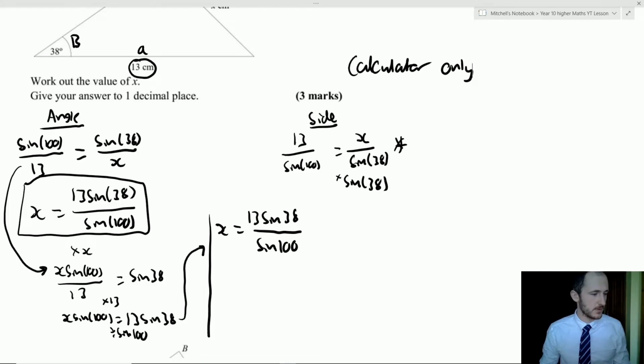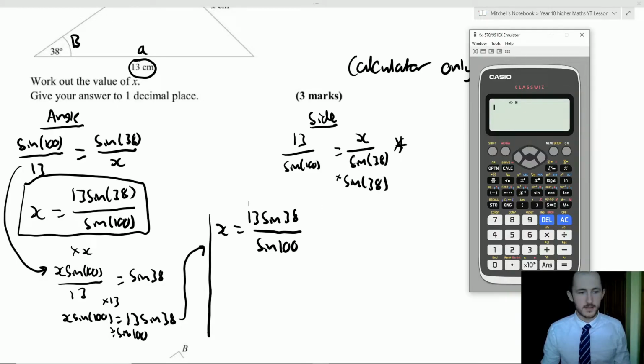But now if we go to the calculator, all we're going to do is enter that exactly as it looks. Okay, cool.